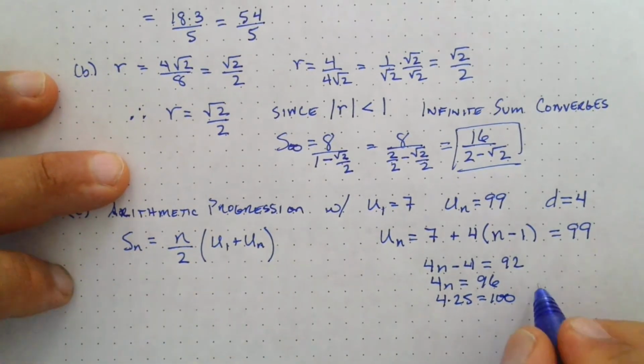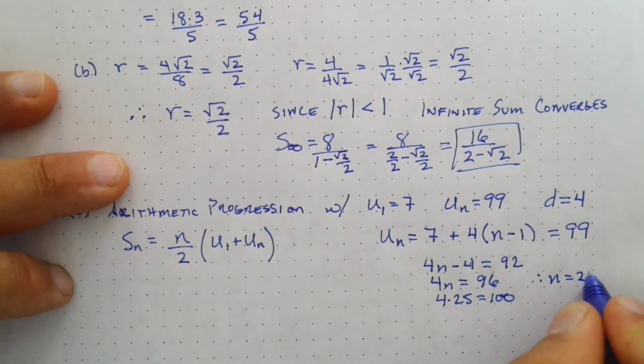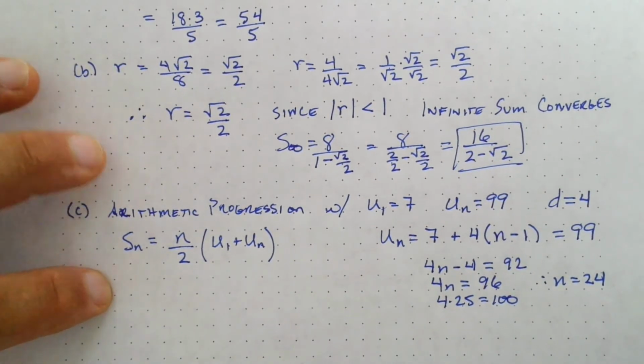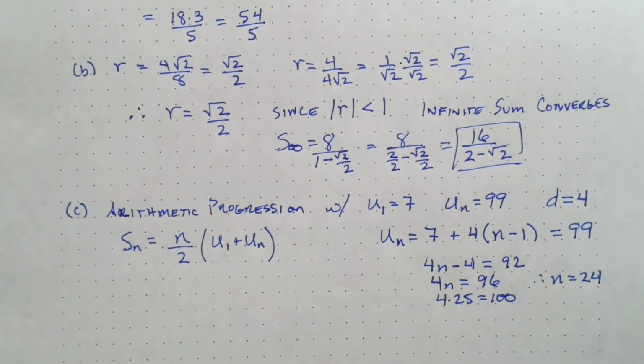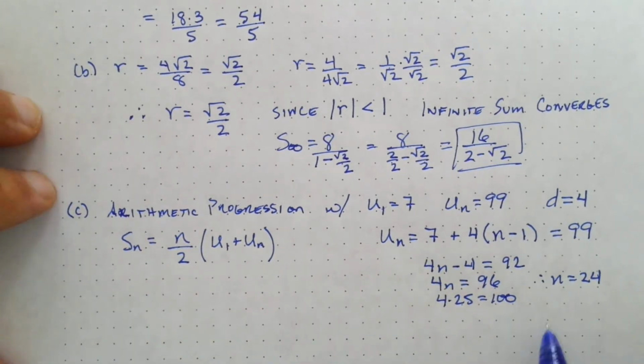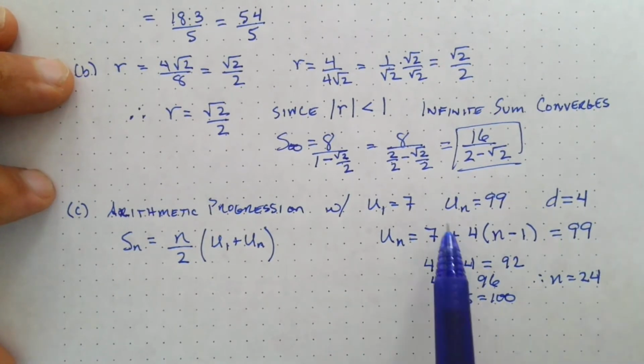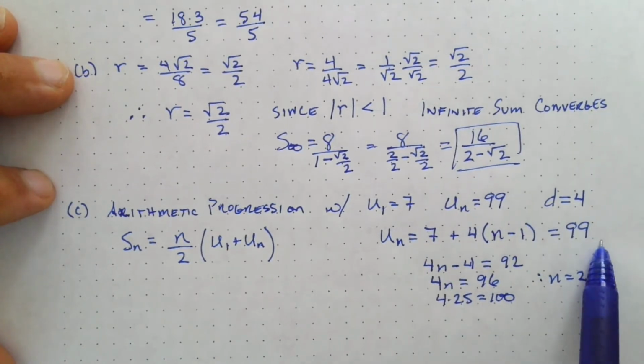And that would mean that n must therefore be equal to 24. So what does that tell me? That tells me that I have 24 terms going from 7 to 99.